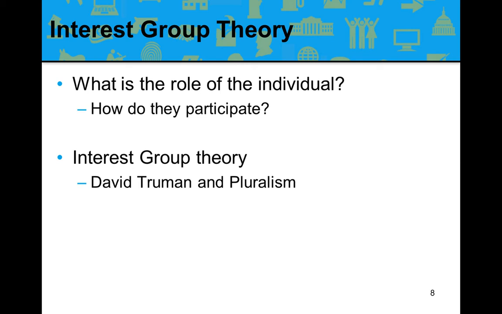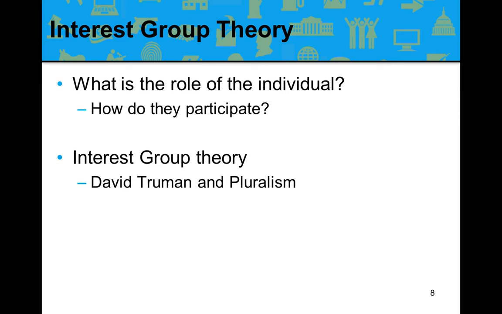David Truman is simply a political scientist who was one of the first to write about interest group behavior and why people form interest groups, and he bases his arguments on the idea of pluralism. Now, we've talked about pluralism before, and this is simply the idea that different groups have an interest, they bargain in the political arena, like in Congress, for example. They try to influence Congress people.